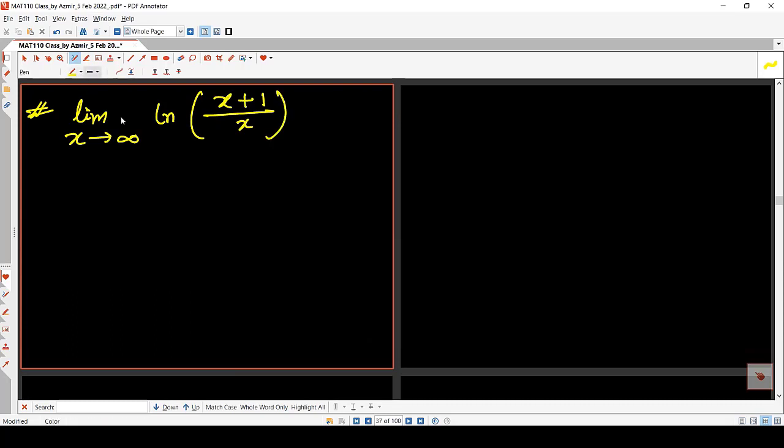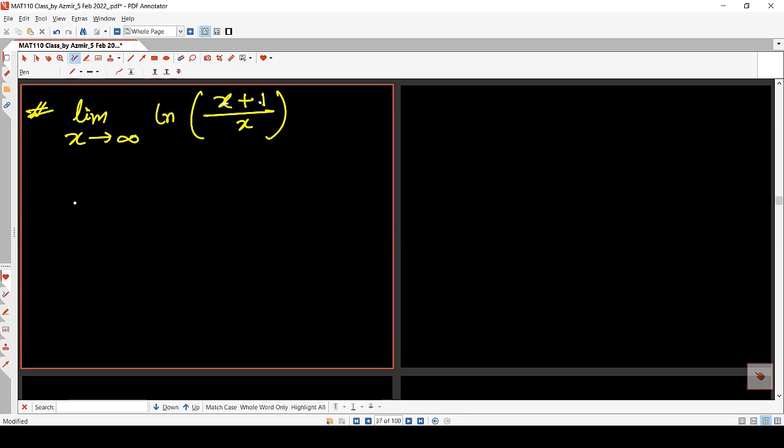At first, if we have a look at x here, we have infinity. So infinity plus infinity is infinity, and divided by infinity. So actually we have infinity divided by infinity. That means it can't be solved directly. We have to take the help of one technique.